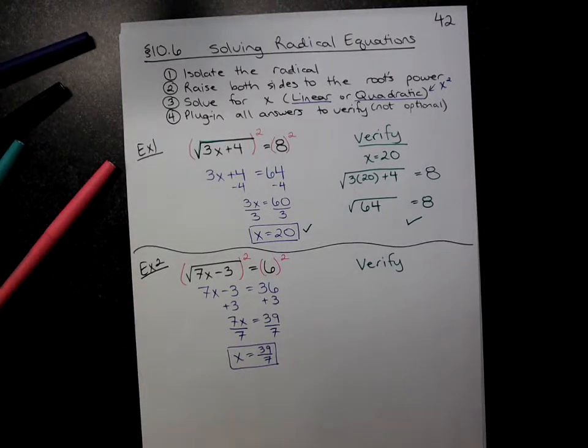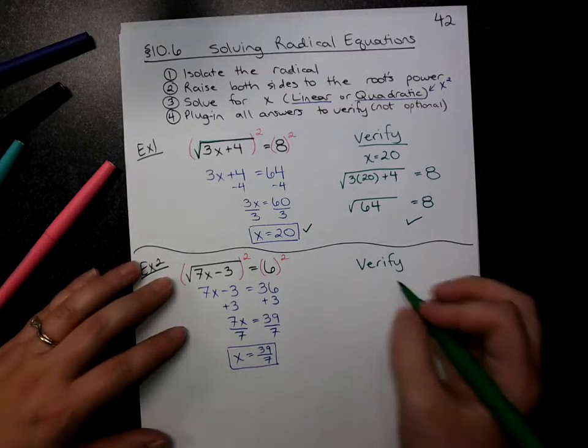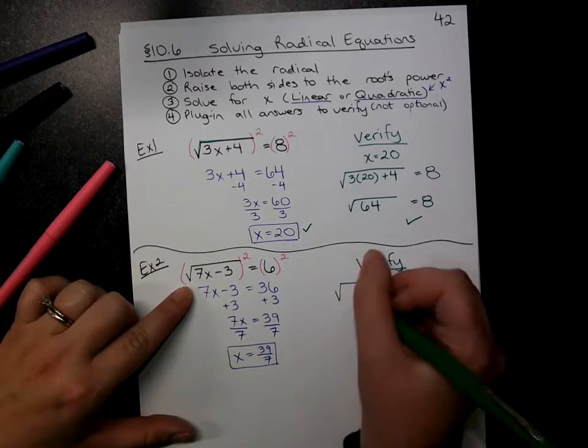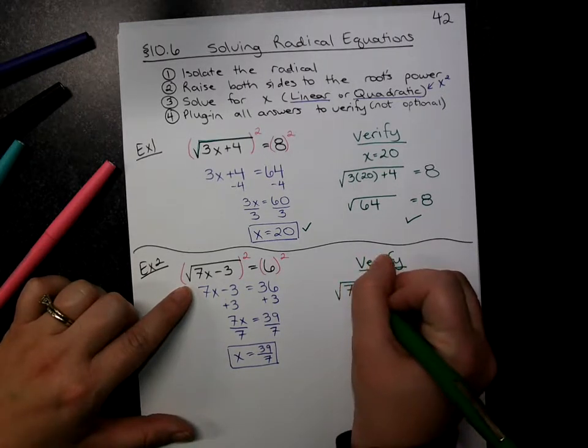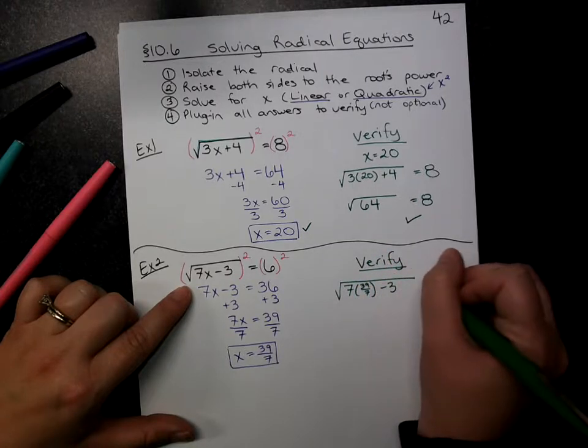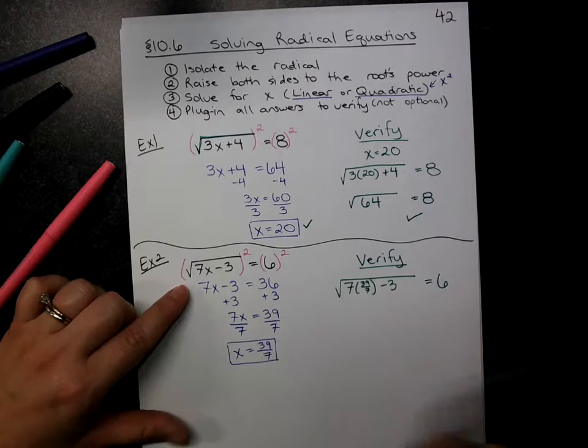Now from here I need to verify this. You can have your calculator help you out, or you can just plug it in and work it out. We have the square root of 7 times 39 over 7 minus 3, and we're hoping that that equals 6.